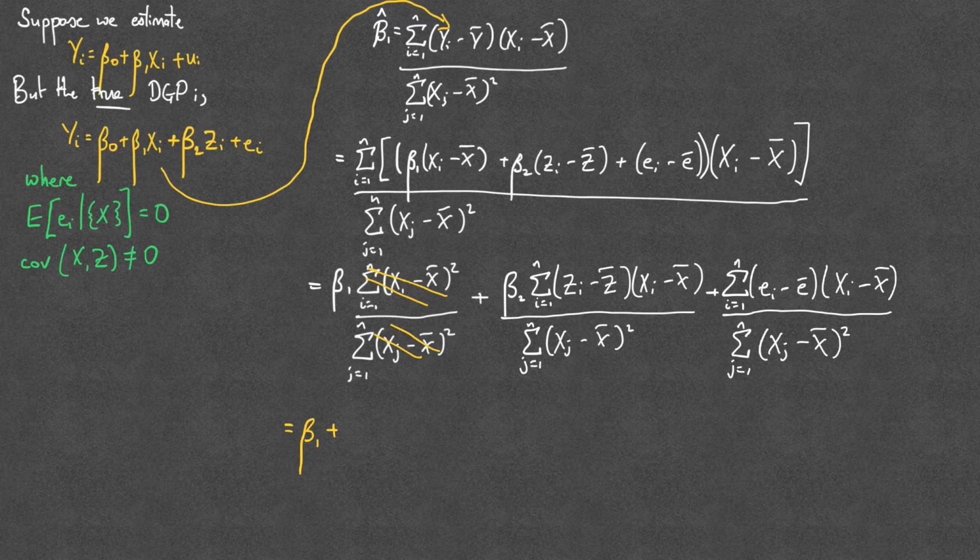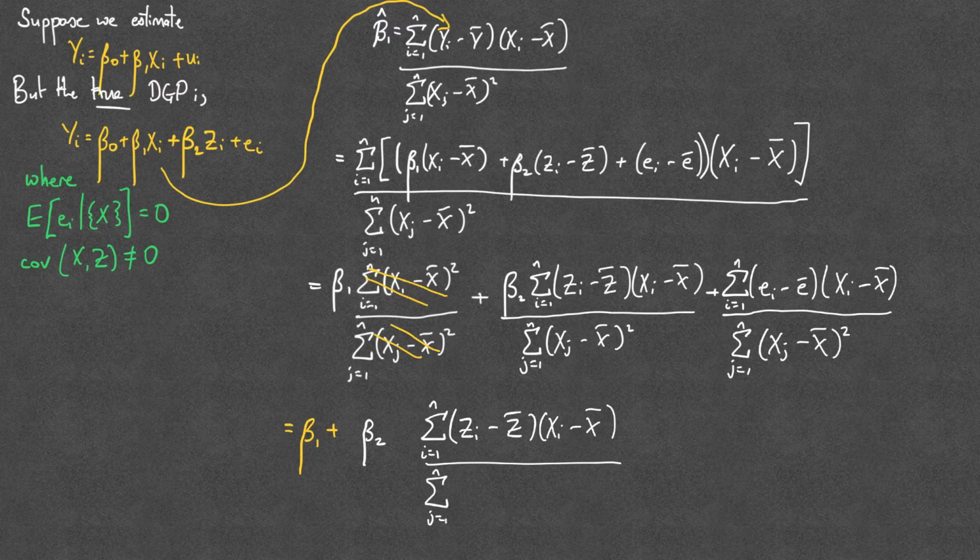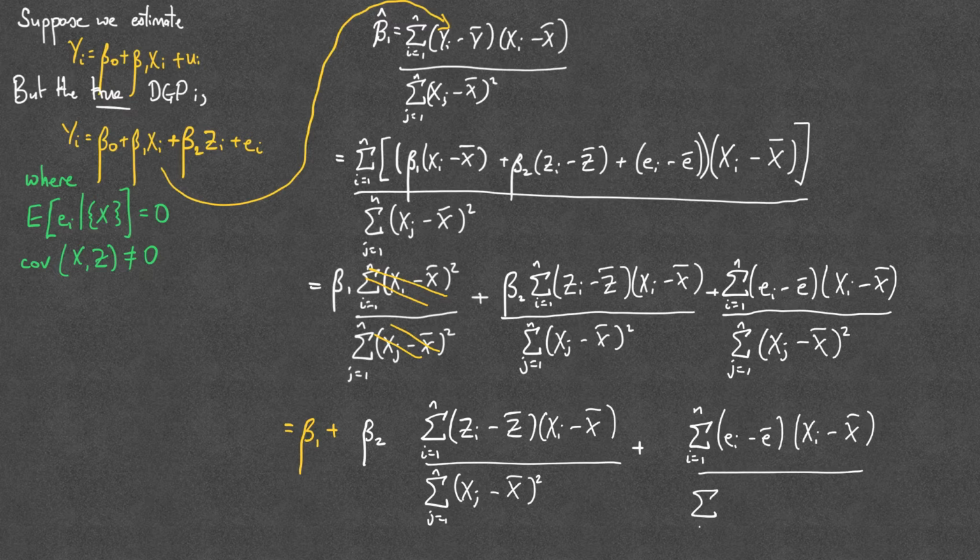So beta 1 plus beta 2 times the sum from i equals 1 to n of zi minus z bar times xi minus x bar over the sum of xi minus x bar squared, plus the sum from i equals 1 to n of ei minus e bar times xi minus x bar over the sum of the xi minus x bar squared.